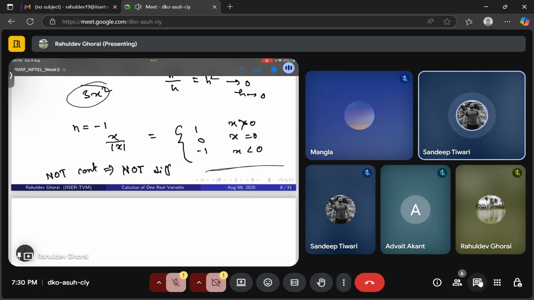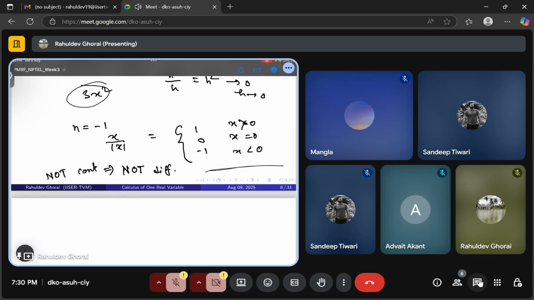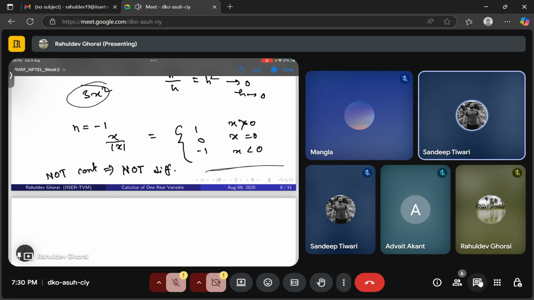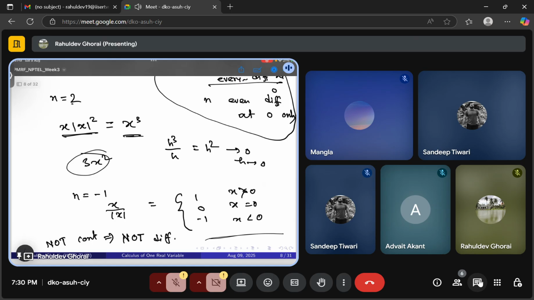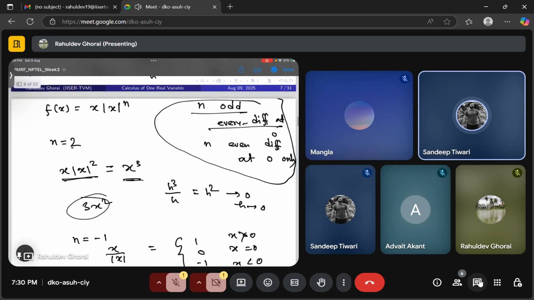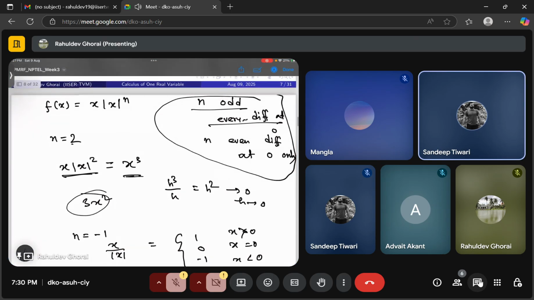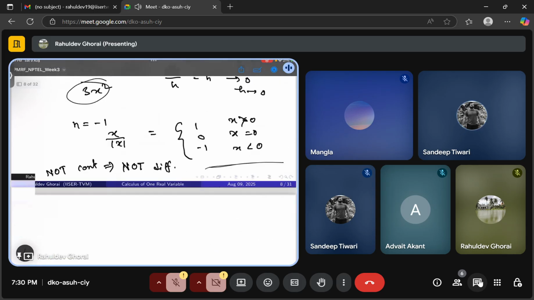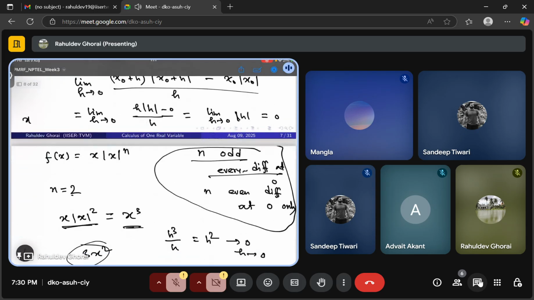Sorry, can we generalize it, sir? Which one? That one, x times mod x to the power n, whether it is differentiable everywhere or not, for what values of n it is differentiable? We have to check it, right? We are giving examples of n equal to 2, also it is differentiable. Even n equal to 1, we did, right?